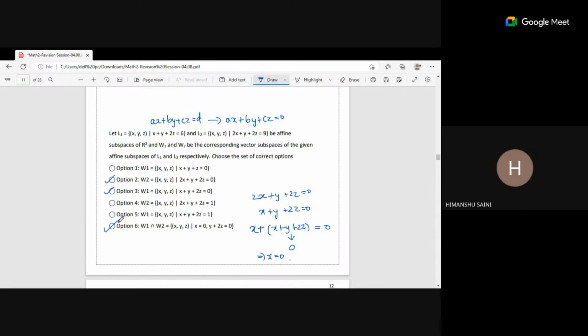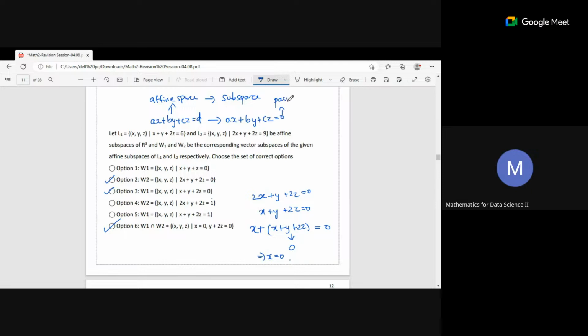Why is the fourth option not correct? What is the fourth option? I did not know. How did you write ax plus by plus cz equal to 0? See, this is what I told you. For any affine subspace of this form, the corresponding subspace, remember, this kind of a subspace is a plane passing through origin.